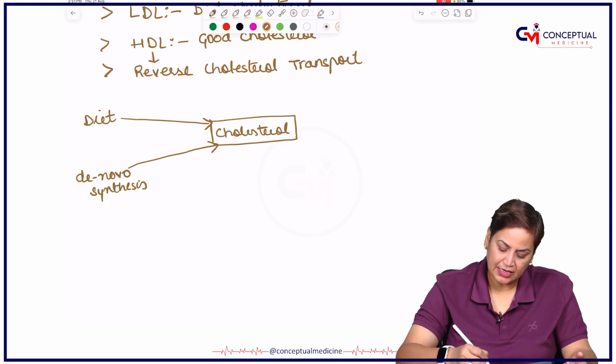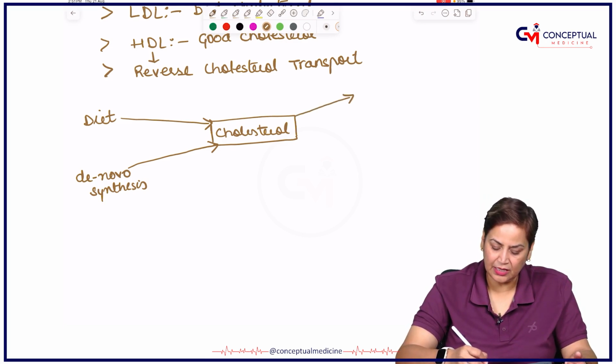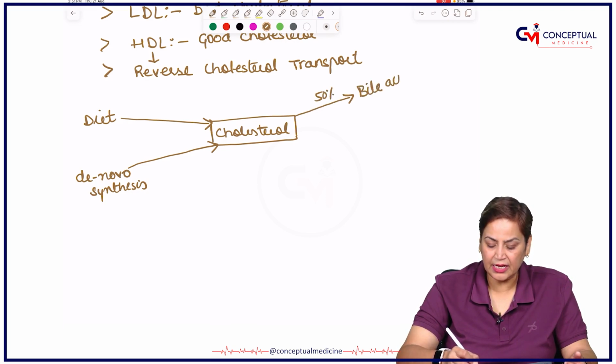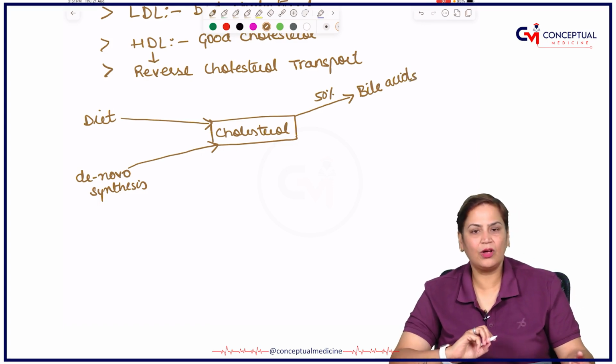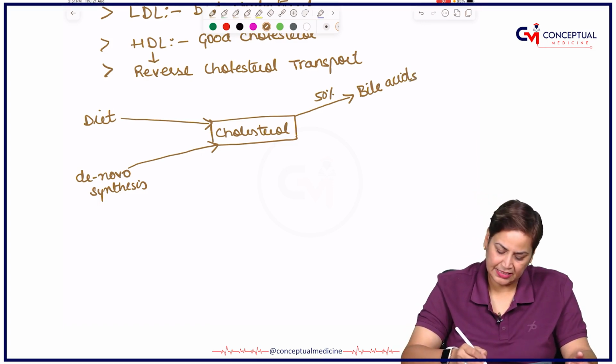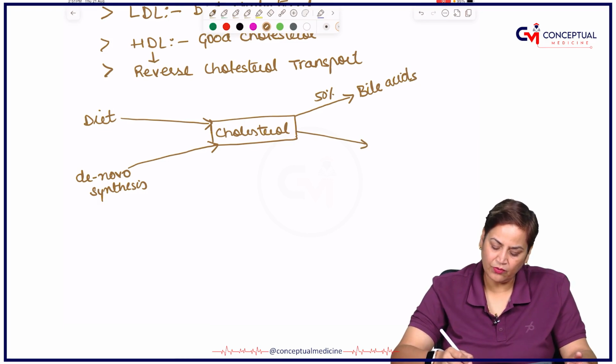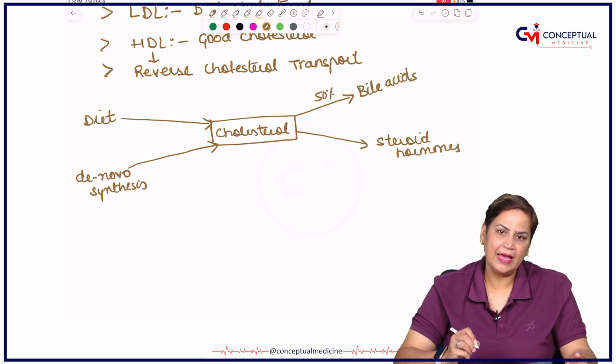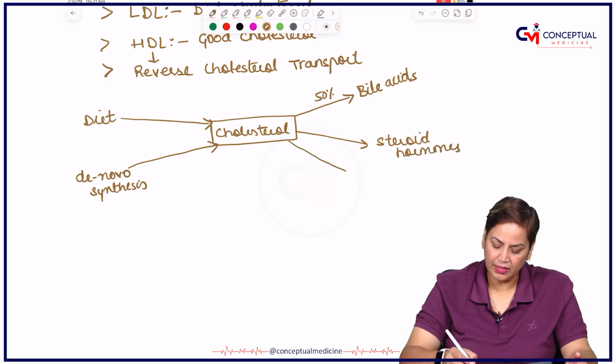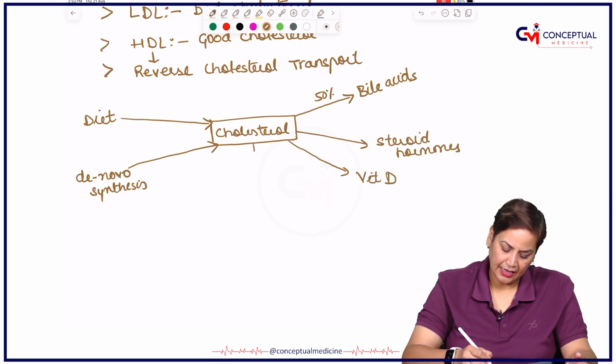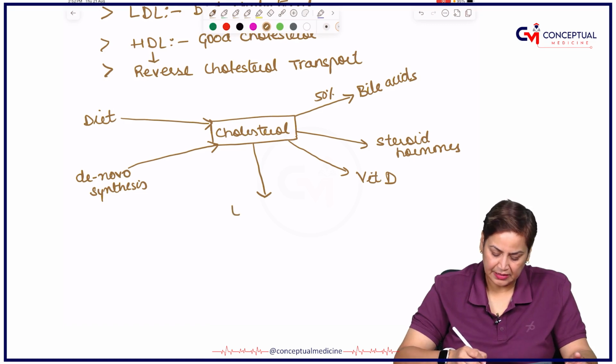Now what is the fate of this cholesterol? About 50% is required for bile acids, so the major chunk of cholesterol is required for bile acids. Then it is required for the synthesis of steroid hormones, and for vitamin D. And unabsorbed cholesterol is excreted in feces.